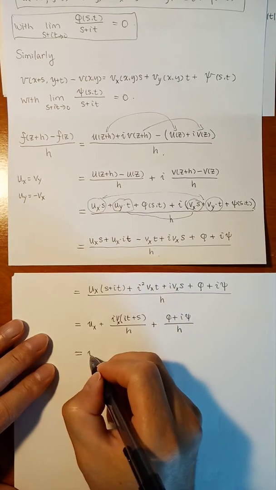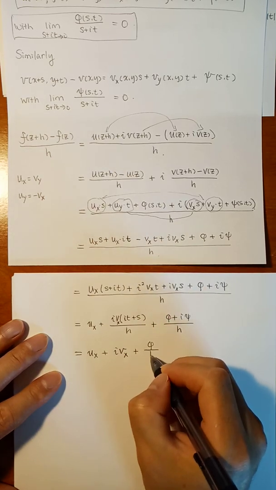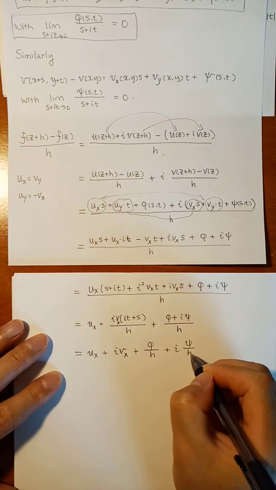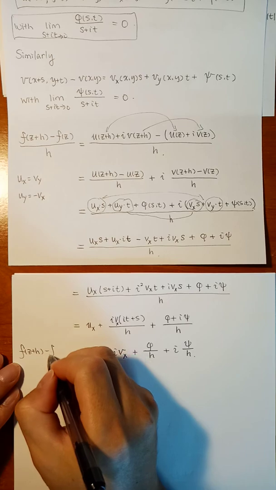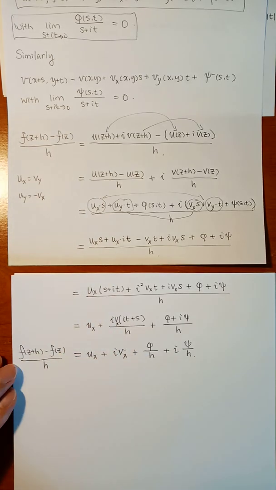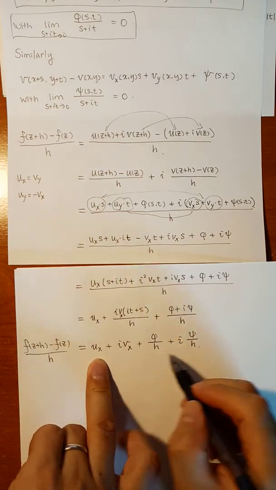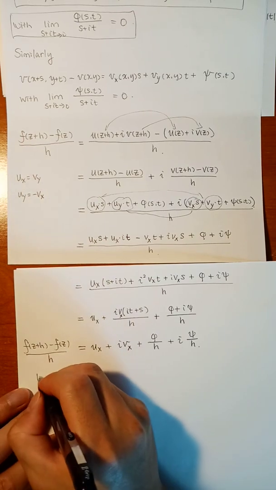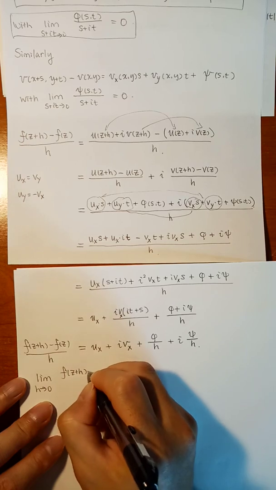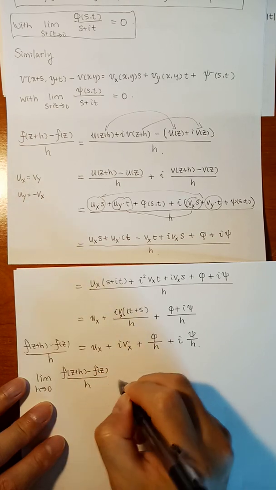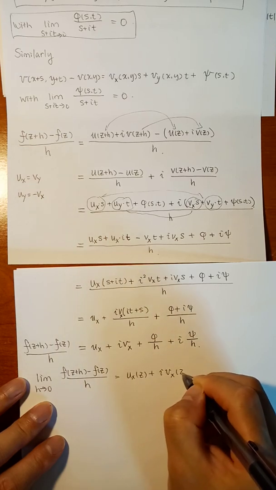And we continue this. This is u_x plus i v_x, plus phi over h plus i psi over h. What is this? This is [f(z+h) minus f(z)] over h. As h approaches 0, this is constant, it does not depend on h. This part is 0. This part is 0. So the limit as h approaches 0 of [f(z+h) minus f(z)] over h is equal to u_x(z) plus i v_x(z).